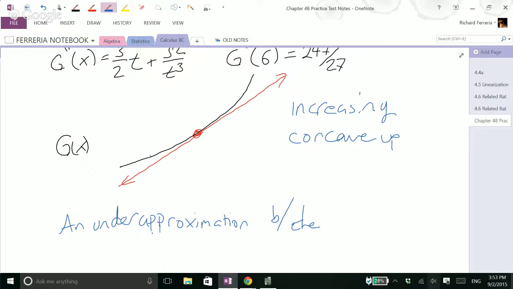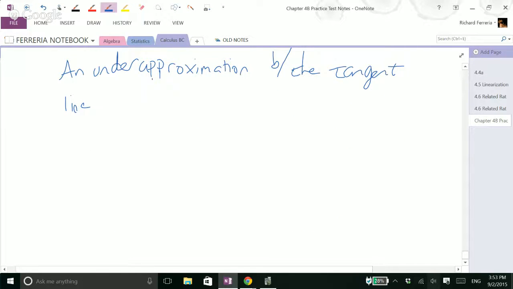The tangent line values are less than the actual values.